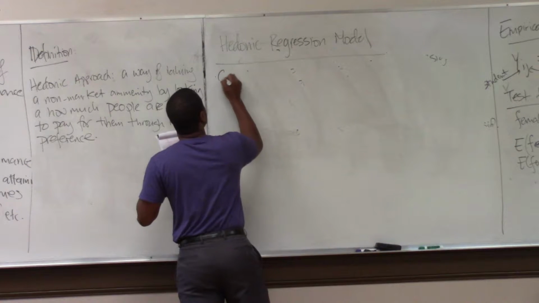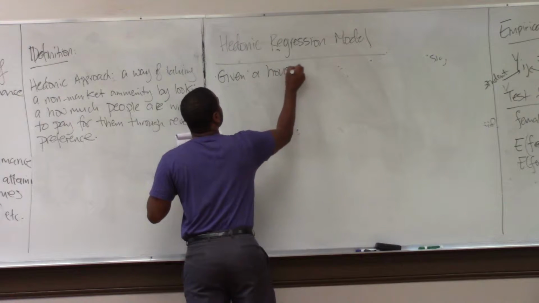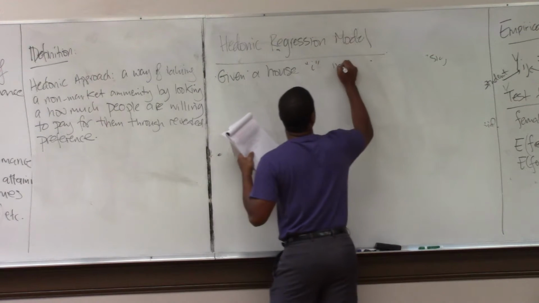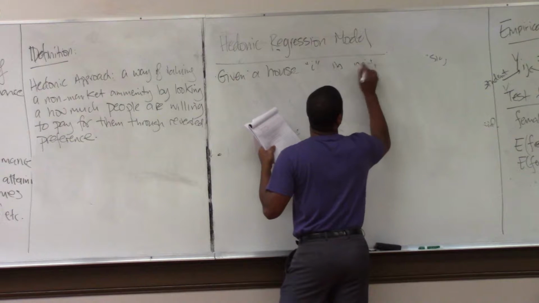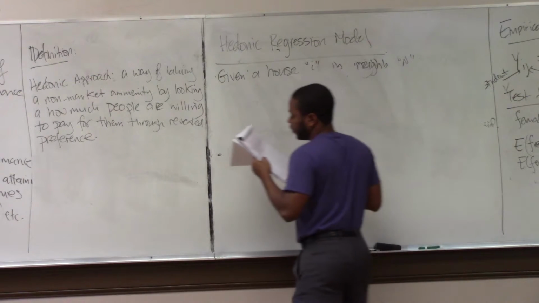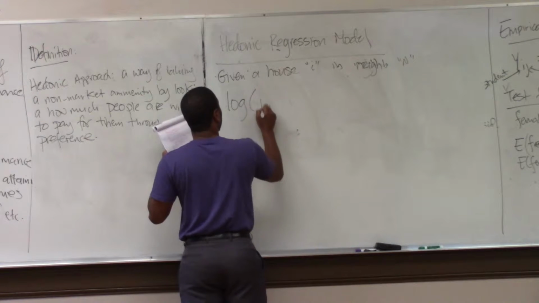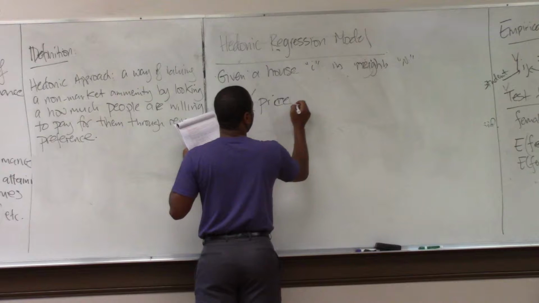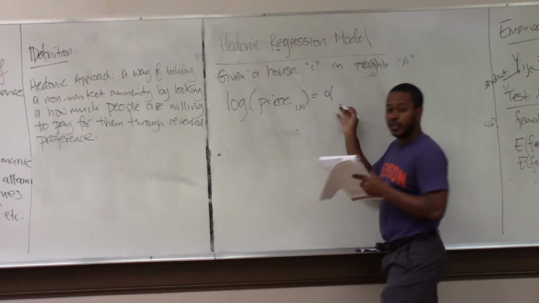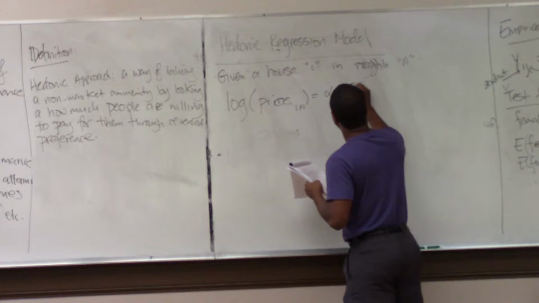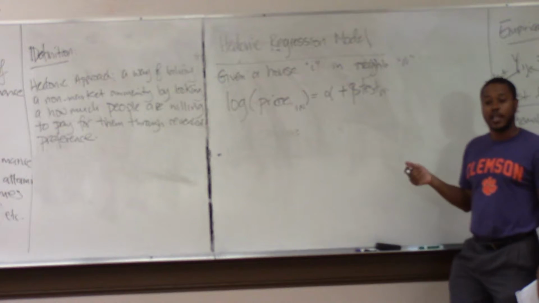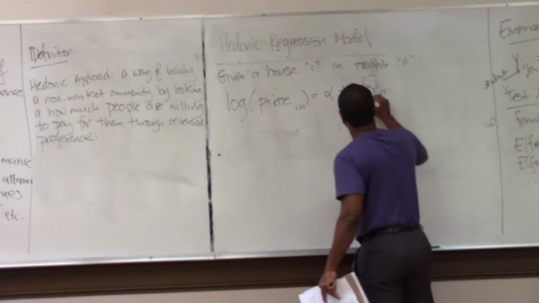Okay, so given a house i in neighborhood capital N, we're going to say the log of price of house i in neighborhood N is going to be some alpha, which measures the average value of a house, plus beta times the test scores in neighborhood N. And so neighborhood N is going to have schools in that particular zone, right? And so you can think about this as a measure of the school quality.